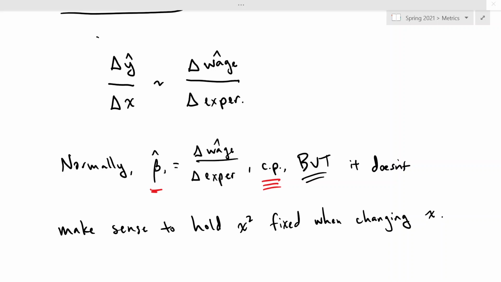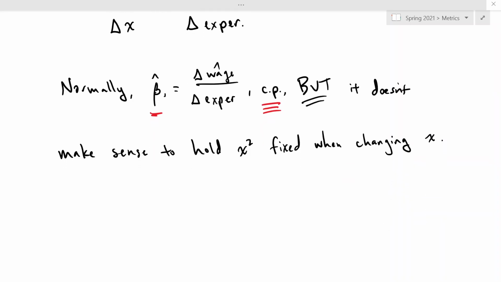Or it doesn't make sense to change experience when holding experience squared fixed.